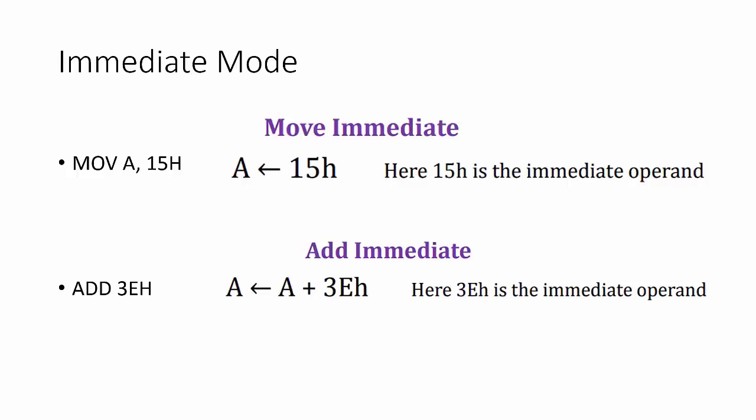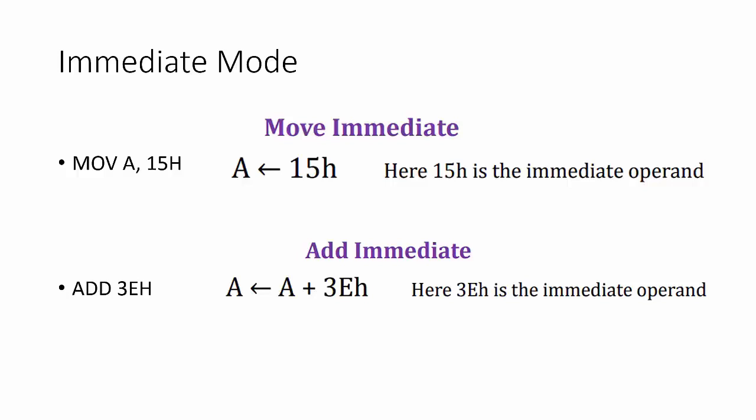If you want to store a decimal number, omit the H. Then it will be a decimal number. So in the instruction, 15H is a hexadecimal number, and it is itself the data that will be moved to the A. Okay, here A is the accumulator register.